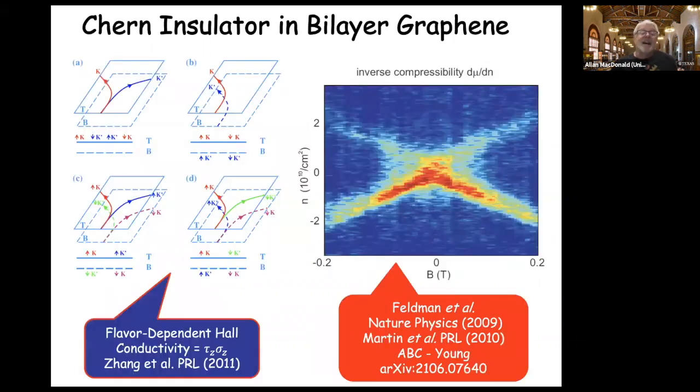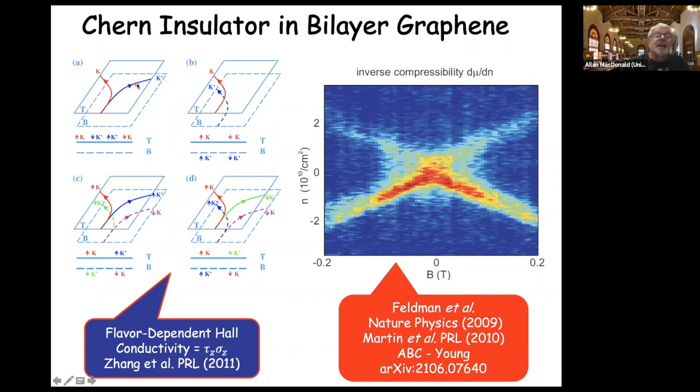And indeed, this property is quite clear in old experiments on just graphene bilayers. What's illustrated on the left-hand side here schematically is that each band has a multiplicity of 4. I'm going to refer to this as flavors, 4 flavors.